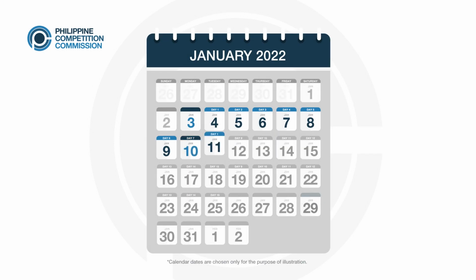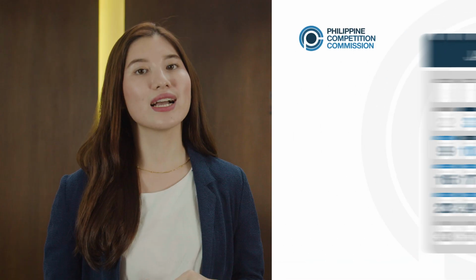The parties are then given 15 calendar days or until January 25, 2022 to submit their responses. Assuming the parties maximize their allowable period and submit their responses on January 25, 2022, the MAO will then review and decide on the sufficiency of the form and the responses of the parties within the remaining balance of the 15-day sufficiency period.